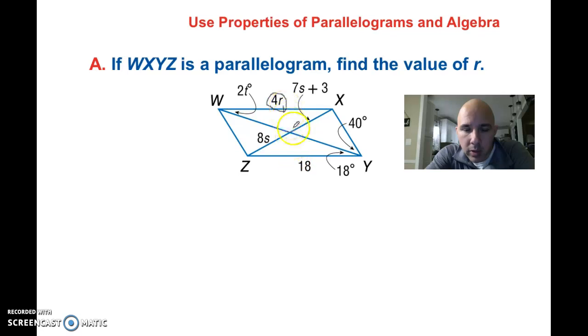And we also know some properties of parallelograms. We know that WX is going to be congruent to, I'm sorry, side ZY. So we know that WX is 4R, so I'll substitute that value in based off one of those properties of parallelograms, and we know that ZY is going to be 18.